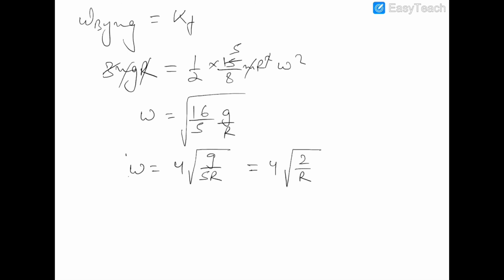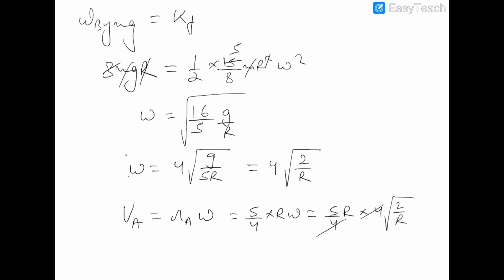Now we have to find out the linear velocity of point A. So this point A is at a distance of 5 r by 4 from the axis. So its linear velocity will be 5 by 4 into r omega. So this is 5 by 4 r into omega, which is 4 under root 2 by r.